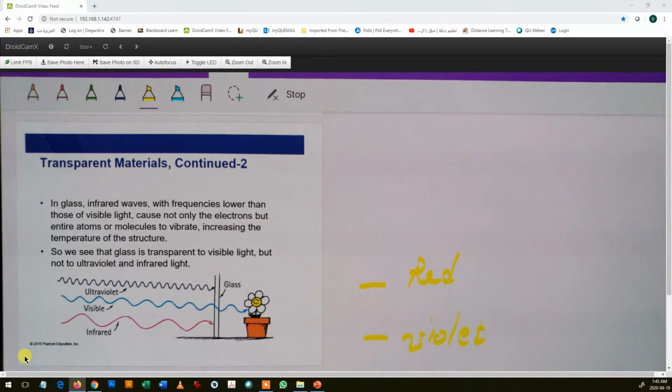Most of the ultraviolet will be absorbed by the glass. So if you want ultraviolet light to help you build vitamin D, then you should not have it through glass. You should have it from direct sun rays.